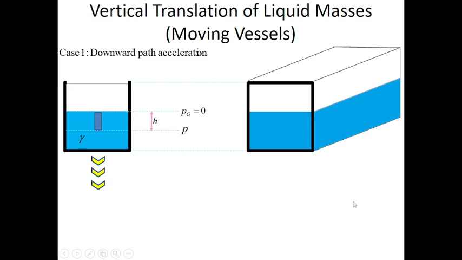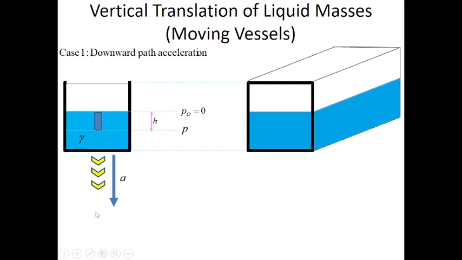Pababa. Let's say bigla mo na lang binitawan yung tank, no? O nung bigla binitawan, nag-accelerate downward. So in that case, downward path acceleration, consider natin yung direction ng motion ay kapareho ng direction ng acceleration.